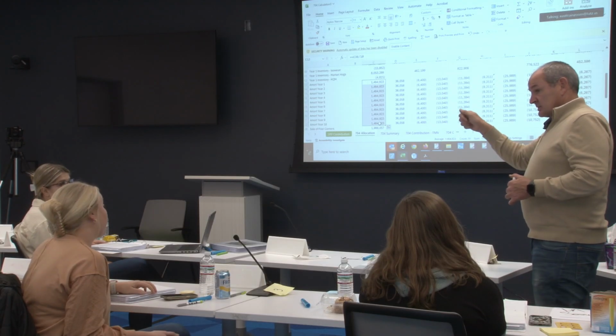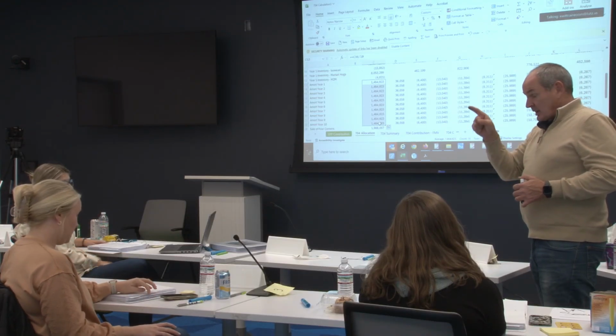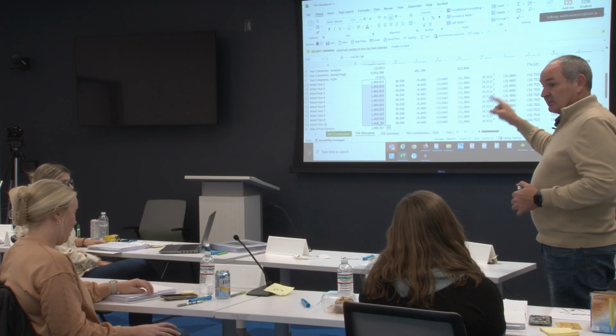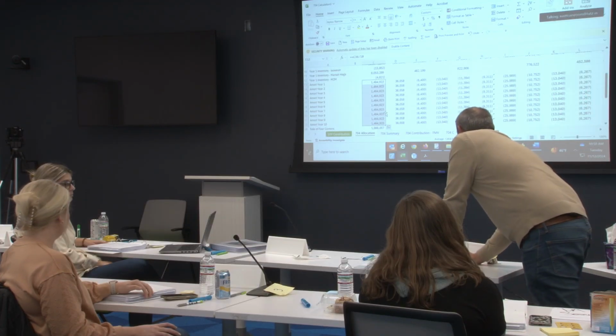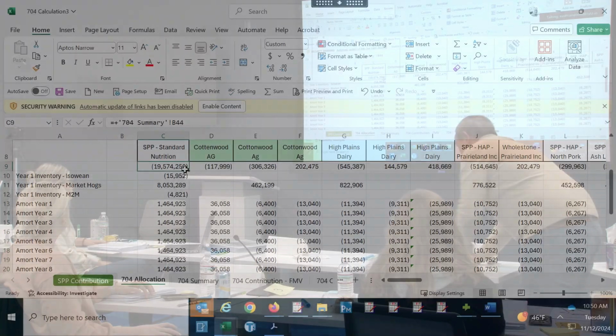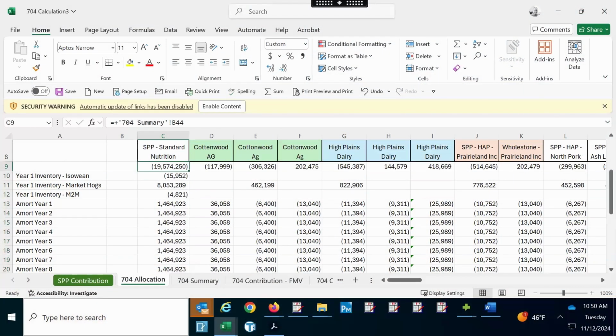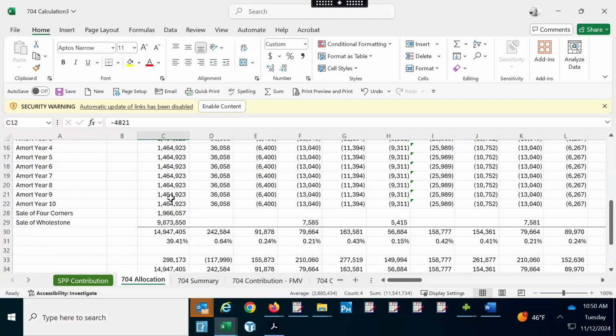I know my short term that's going to trigger, I know my long term that's going to trigger, and I know in this case I'm taking something over 10 years. So I take my beginning plus the short term plus the long term, which says I get to 298,000.